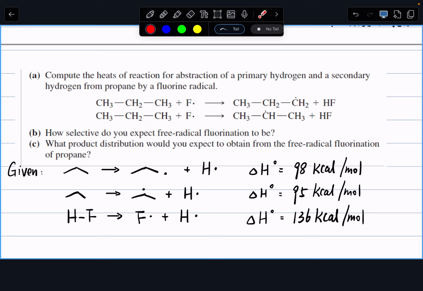Now, because my transition states are super early, the differences in energy between my transition states will be much more similar to my reactant, and hence the difference in the transition state will be very small. And to answer that question, do we expect the reaction to be very selective? No. Right. Because of this super early transition state and using the Hammond postulate.